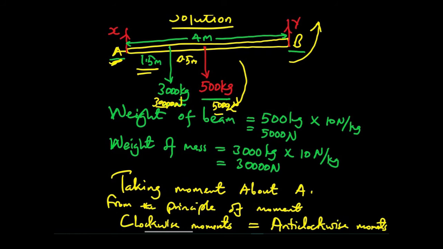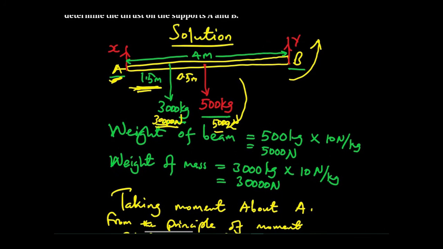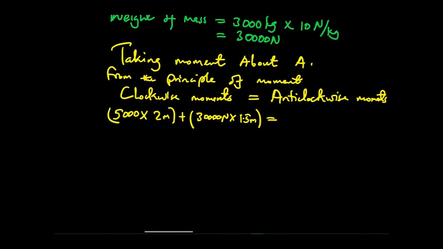The distance of 30,000 Newton is 1.5 meter, so times 1.5 meter. This will be equal to anti-clockwise moment. The anti-clockwise moment is y times its perpendicular distance, which is 4 meter. So y times 4 meter.